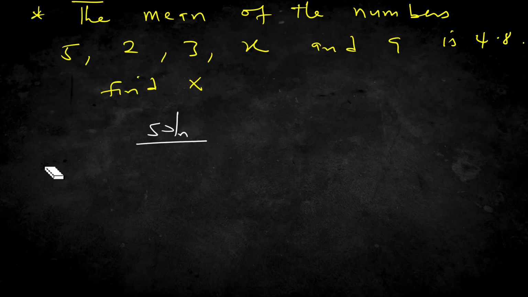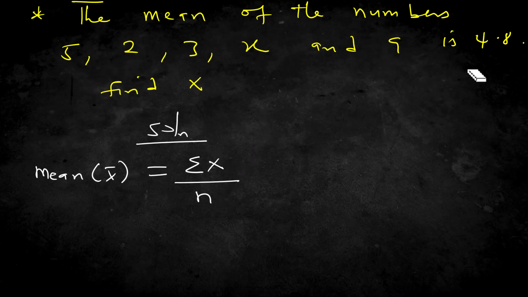Now remember, the mean is given by the summation of the items over the total number. So the mean of the numbers here is 4.8.